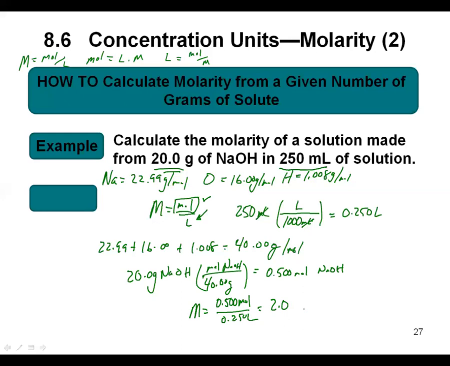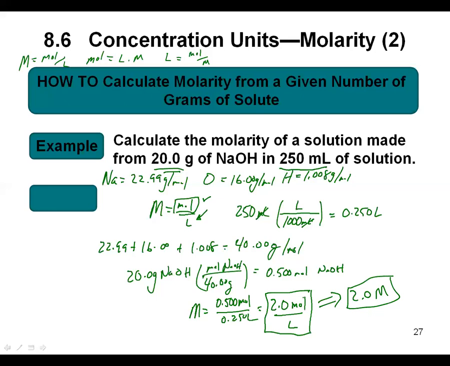In terms of the units, you can leave it as moles per liter if you like, or you can just write 2 and the big M. Either way is perfectly fine. The units don't cancel, but the big M does stand for moles over liters, so you can leave it whichever way you want. The number always stays with the moles part, and it's usually 1 liter on the bottom.